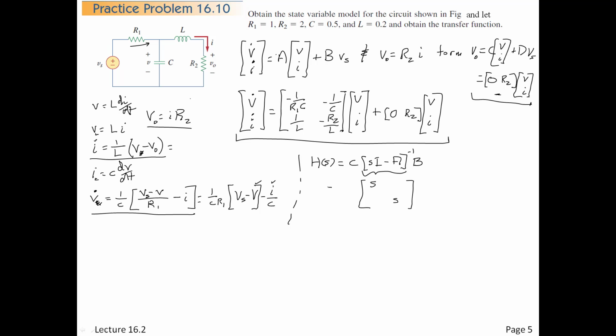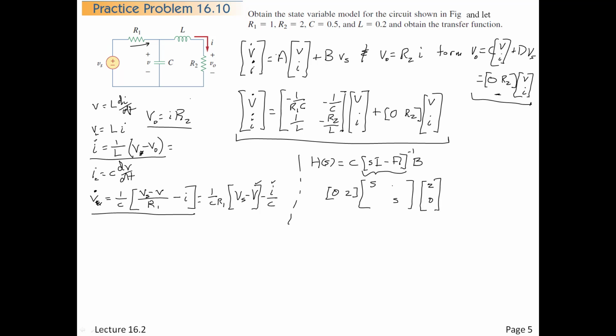C1 is what? 0, and R2 is 2, so that's going to be 0, 2. And then the one on the back end is simply 2 and 0, right? Okay, now what's up in between here?